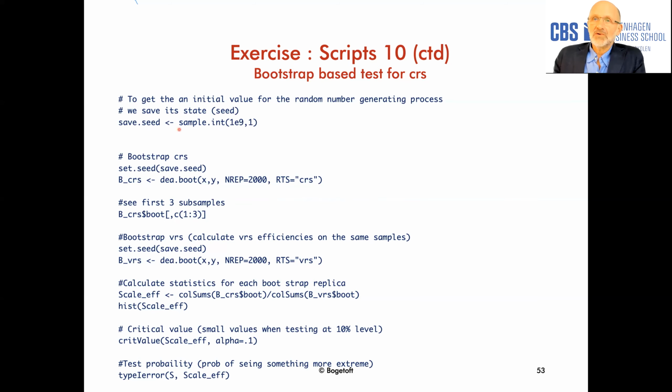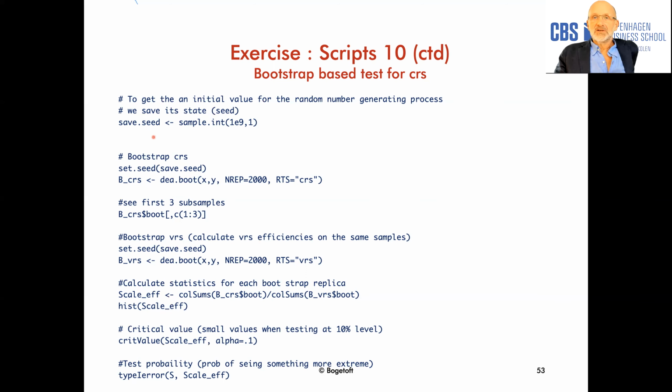So I pick some random number to start with, which I call the seed. I saved it as a save seed, and that save seed is now this magic number that I will use in subsequent runs so that I can replicate things, although it is imitating randomness.